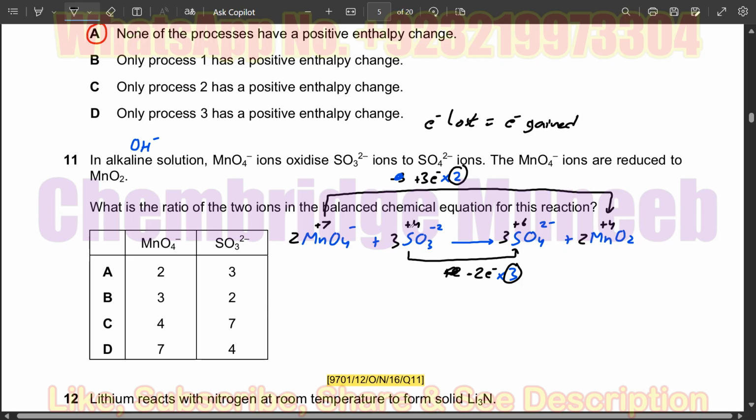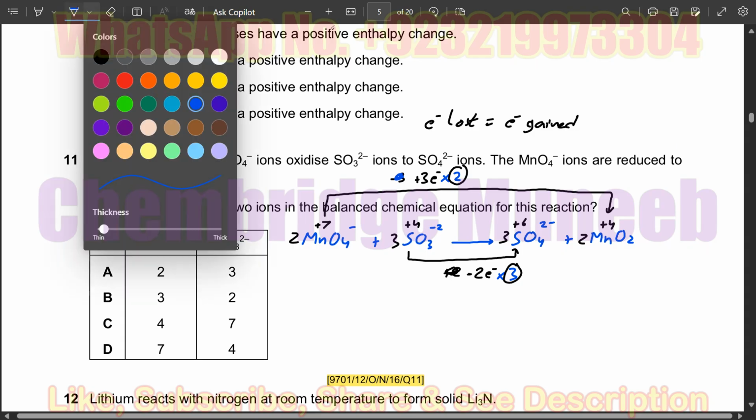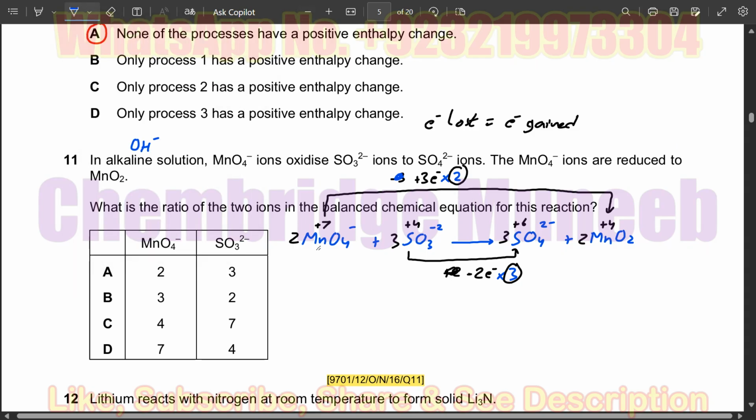Now I have balanced the atoms of sulfur and manganese according to the oxidation number, but still it is not completely balanced. I have to check the charges as well. The oxygen atoms will not be equal, and the charges will also not be equal. You can check them by yourself.